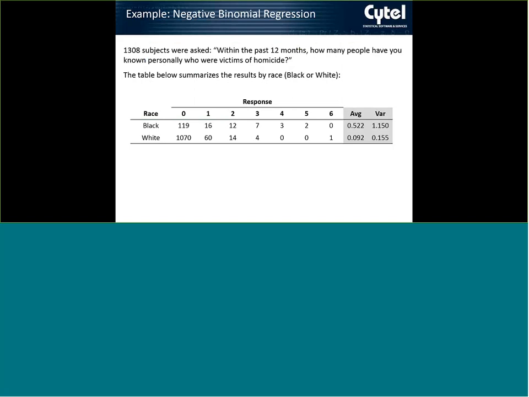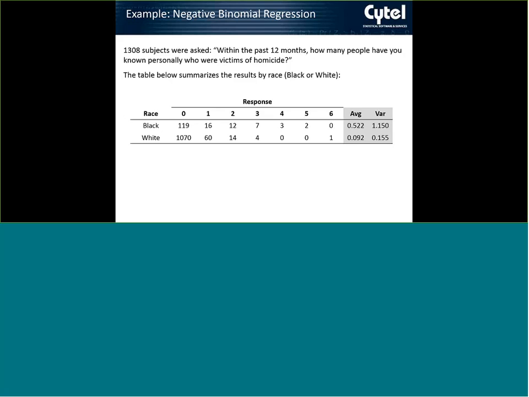But over to the right side of this table, I've also included the average and the variance of these counts. These data, just for the sake of compactness, are displayed here in group form. In other words, there were 1,070 whites who said they hadn't known one person in the past 12 months who was murdered, 60 who had known one, and so on.